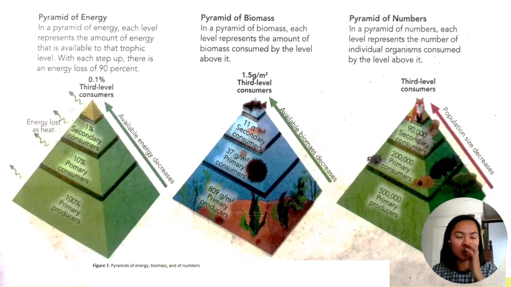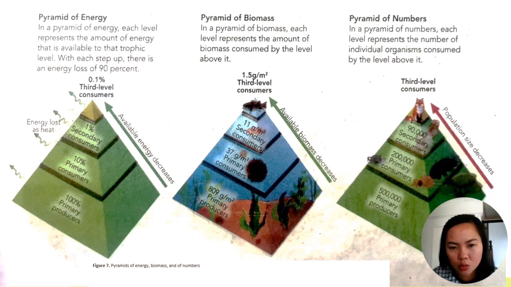So makita nato dire nga the available biomass actually decreases as the pyramid goes up. Meaning, kailangan mas daghan gyud ang organisms at the bottom, at the first trophic level, para makasurvive ang mga organisms on top of them.